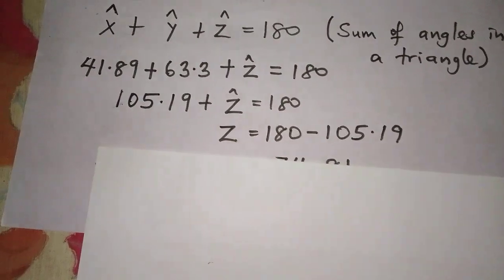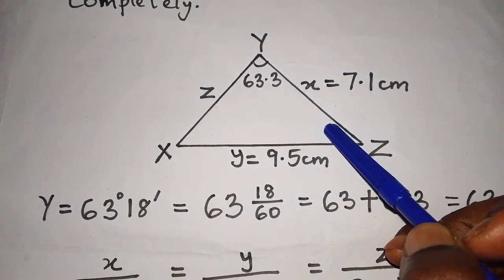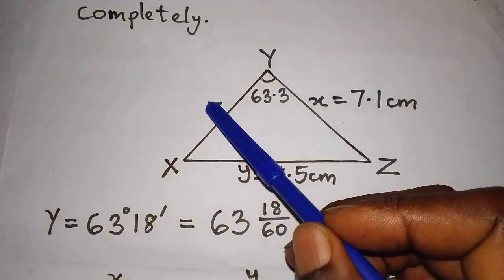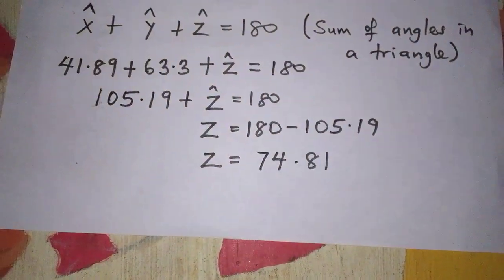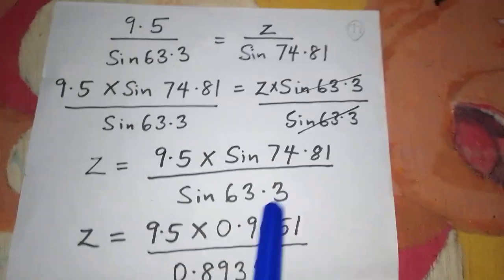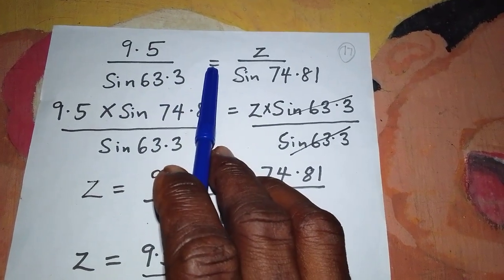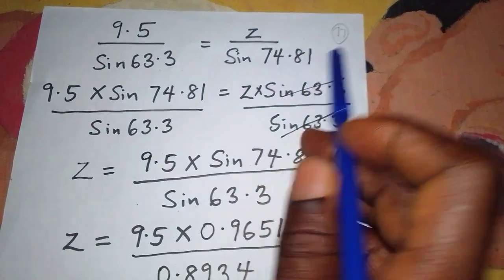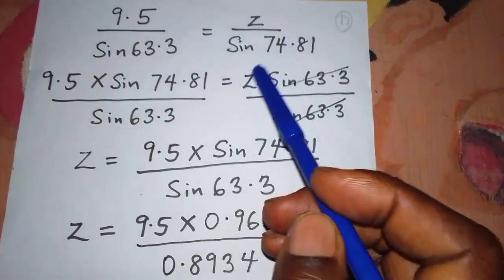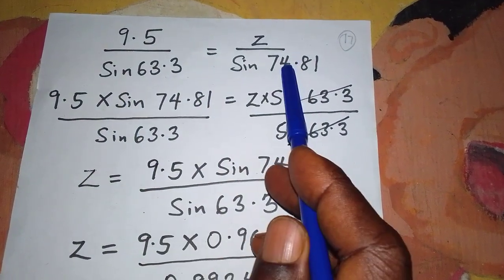Now you realize that we are told to solve the question completely. So we've been able to get angle X, and we've been able to get angle Y. Now we need to get side Z. To get side Z, we are going to use the complete ratio, which is 9.5 over sine 63.3 equals side Z over sine 74.81, which is for angle Z. From here you cross multiply.